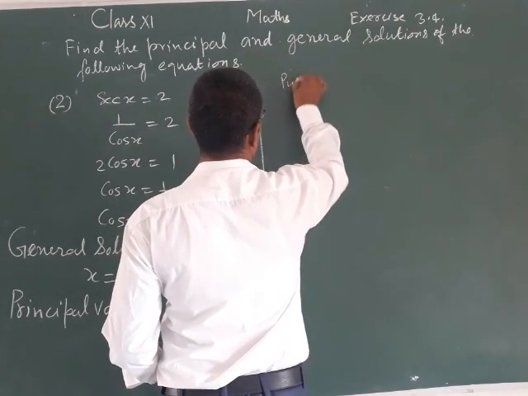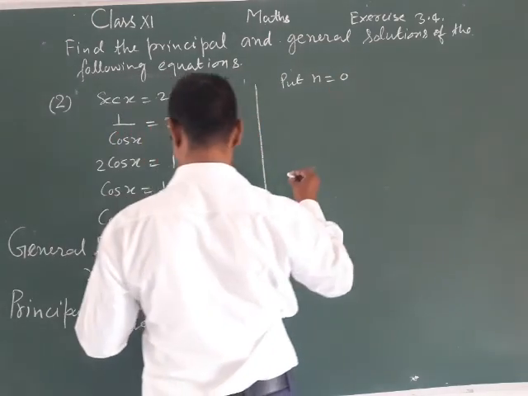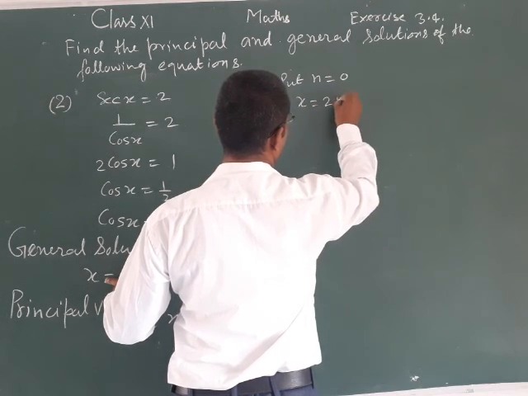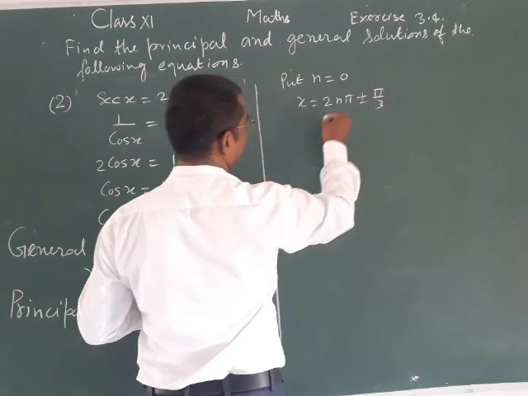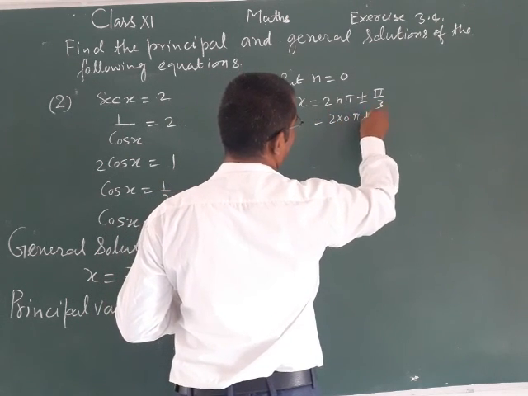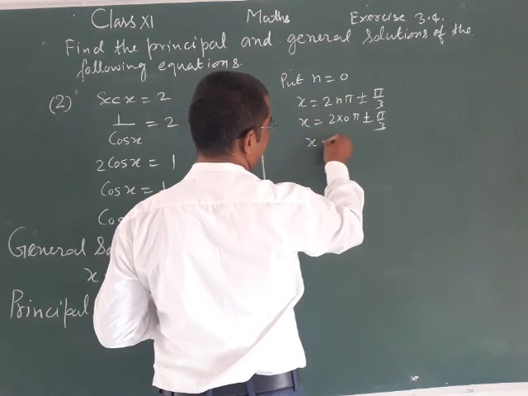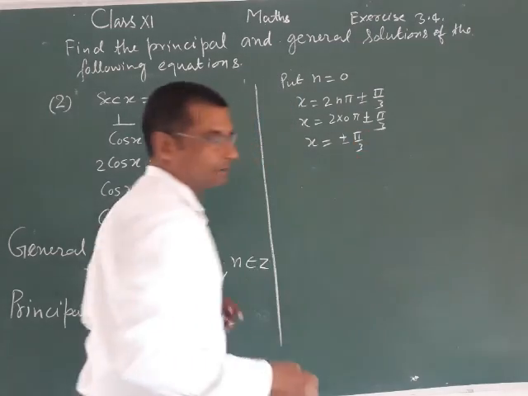Put n equal to 0, then the first principal value is x is equal to 2 into 0 pi plus minus pi by 3, so x is equal to plus minus pi by 3.